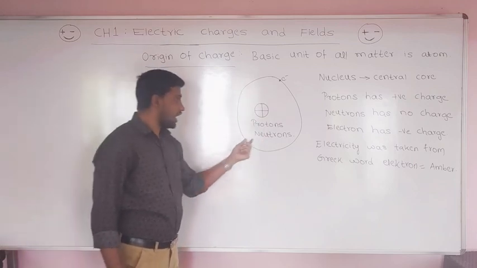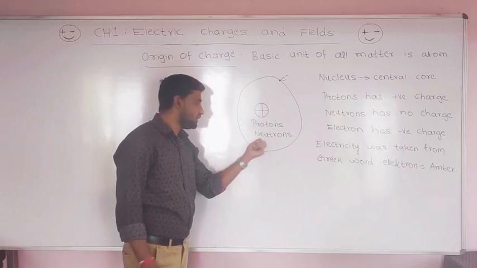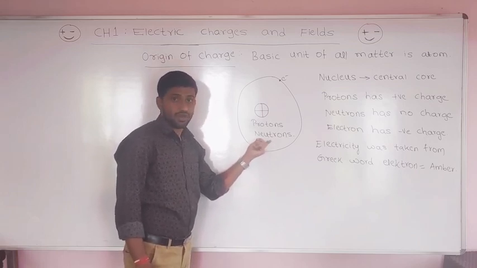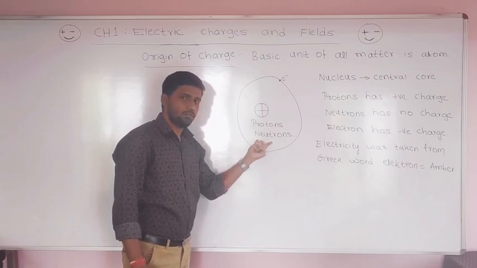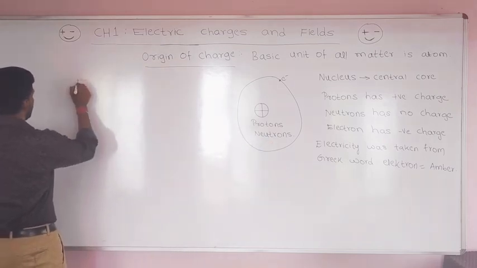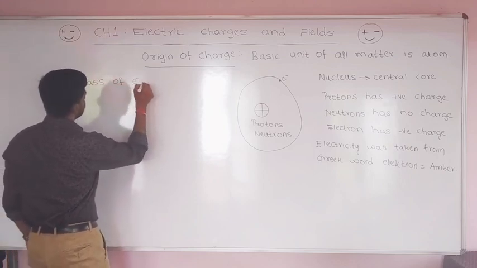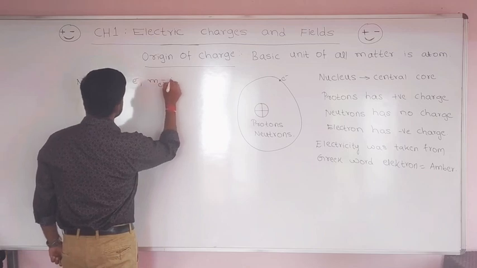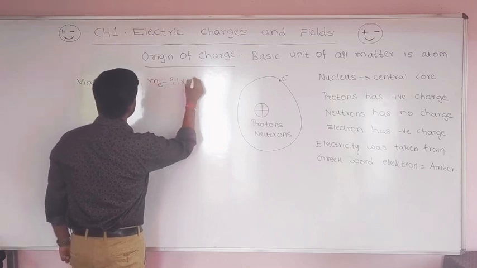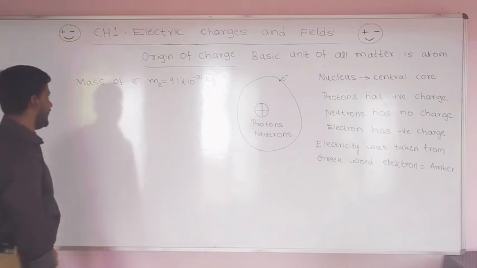But neutrons also have mass, because a neutron is also a particle, but it does not have any charge, only mass. Let us see the values of mass. The mass of the electron, which I am taking as Me, is 9.1 × 10^-31 kg.